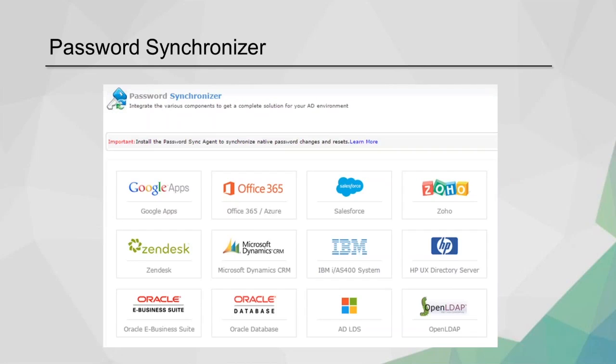Now, yesterday, the same administrators of the school were asking me that, and they said they have Google Apps, and obviously the users in Google Apps are different than the users in Active Directory, but they wanted to make sure that they synced the passwords. Well, that's exactly what our password synchronizer does.